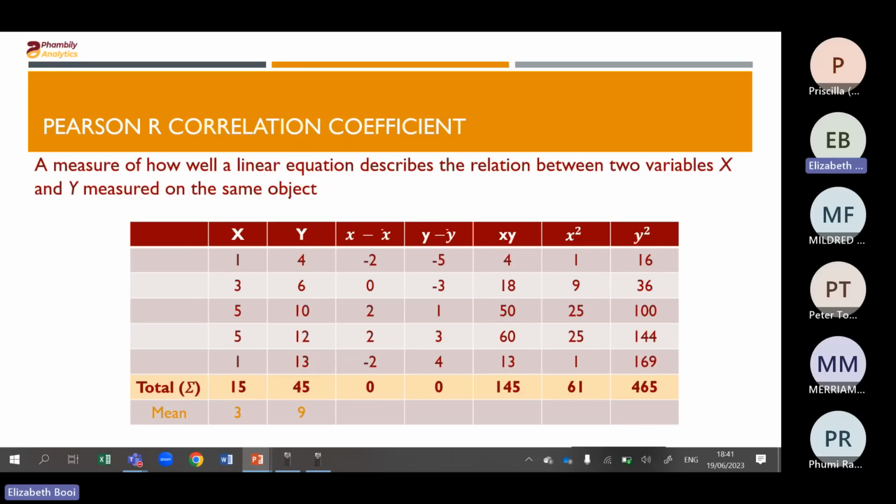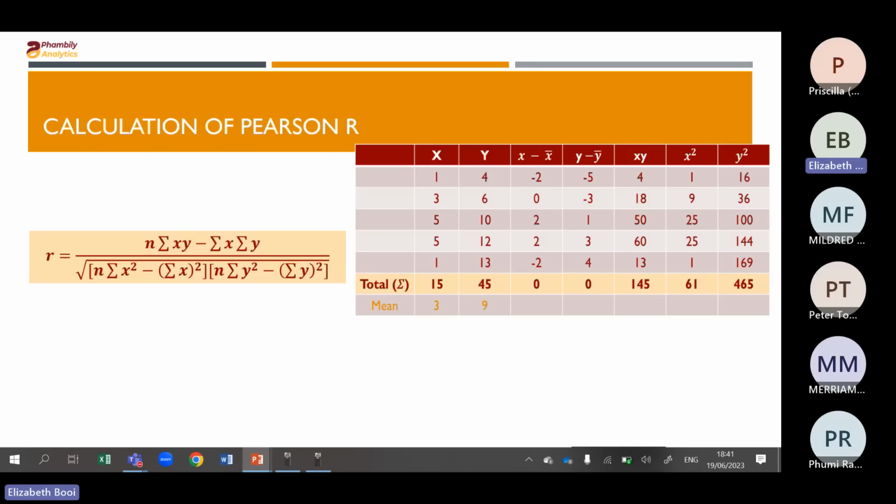There are formulas which I should have first showed you before I bomb you with the table. Yeah, let's go one step forward.